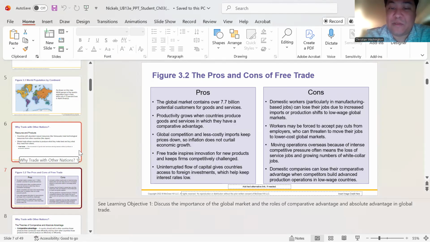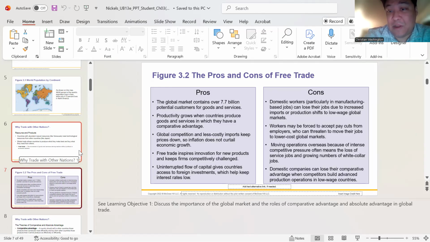Free trade inspires innovation for new products and keeps firms competitively challenged. Essentially, goods can come into your country as is or leave your country as is. It fosters competition. There's nothing barring entry between countries, right?